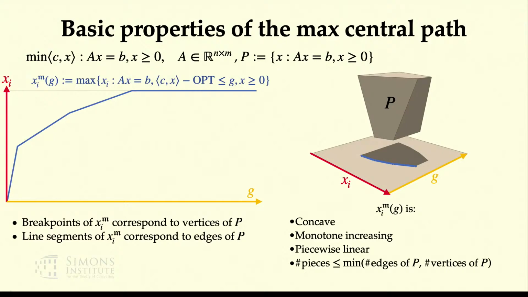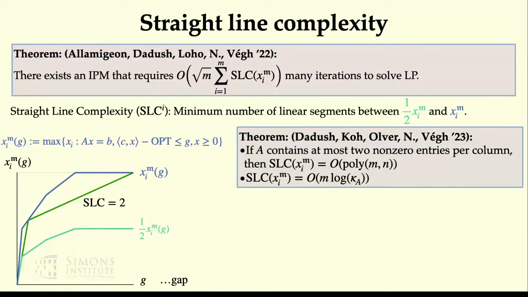Okay. What we show in our paper this year is that, in fact, if you saw the result that we can solve LPs in strongly polynomial time whenever my matrix contains at most 2 non-zero entries per column, it turns out that the straight line complexity of these variables is going to be strongly polynomial, and this is how we show that you can solve LP with at most 2 non-zeros per column in strongly polynomial time.